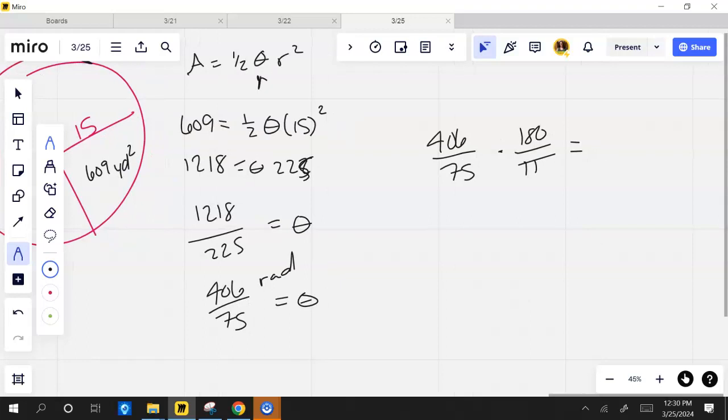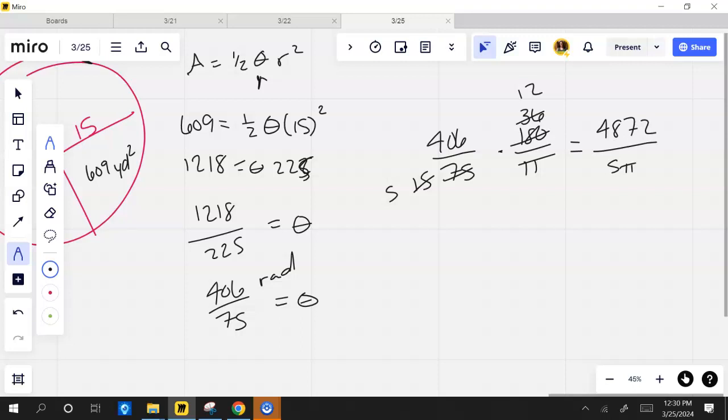And then whatever, I don't know what that comes up to. I can divide them both by 5. Oh, I can divide by 3. I don't know. What's 406 times 12? Oh, I could have done it, but my brain hurts. Radians.